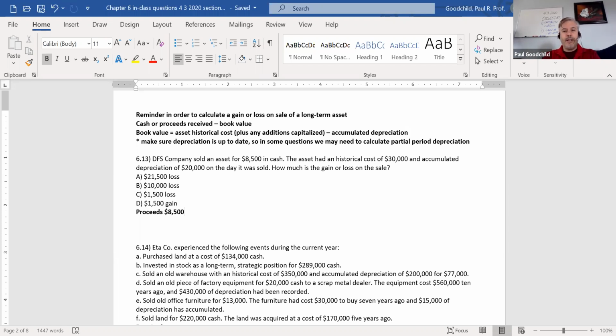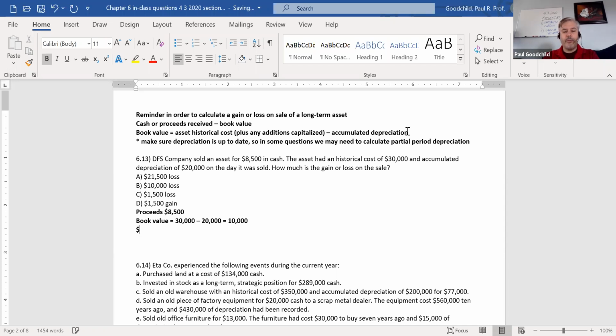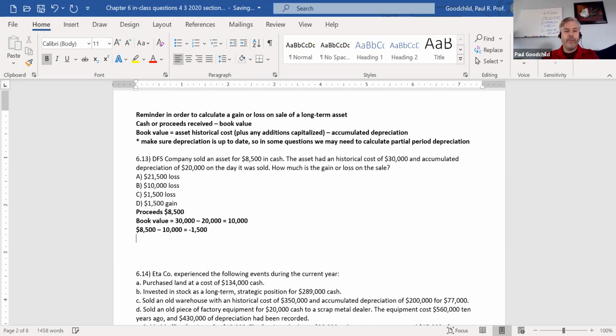It had a historical cost of 30,000 minus the accumulated depreciation of 20,000, so we have a book value of $10,000. So 8,500 minus the 10,000 equals negative 1,500. So that's a loss. All right, and so our answer would be C.